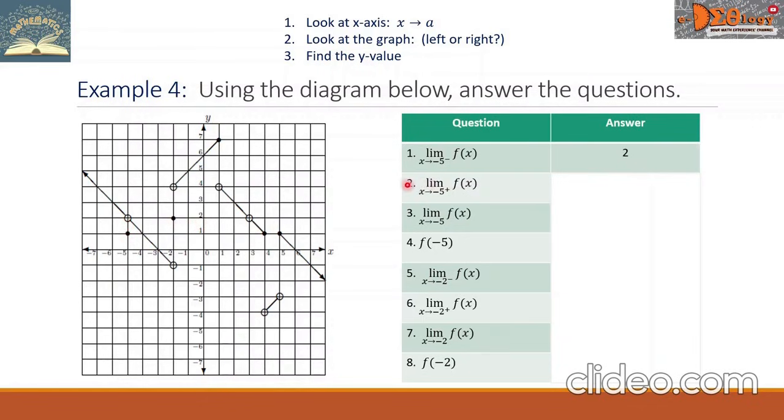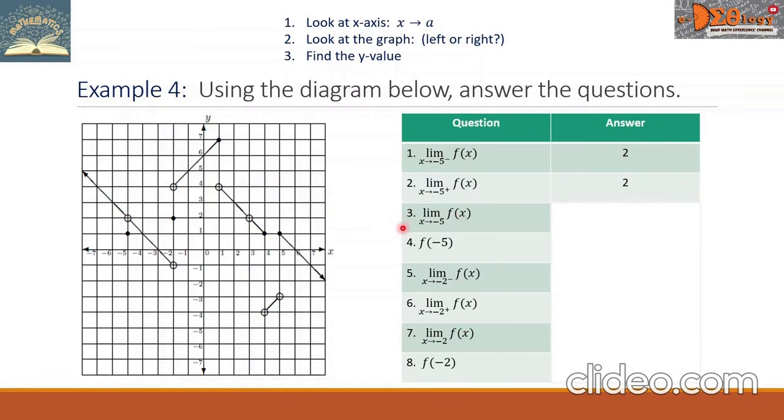Second problem. Limit of the function x approaches -5 from the right. So, step 1, the -5 is here. And then, the corresponding graph is here when x is coming close to -5. And then, we look for the y value, and that is same number 2. So, we write here 2.